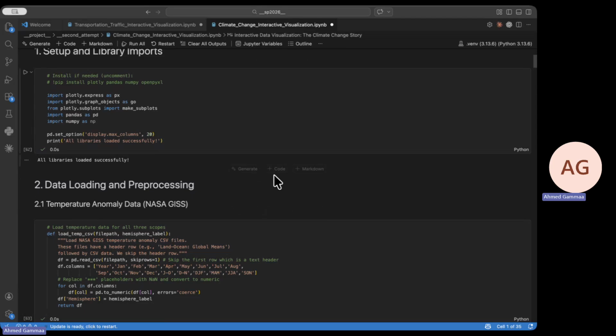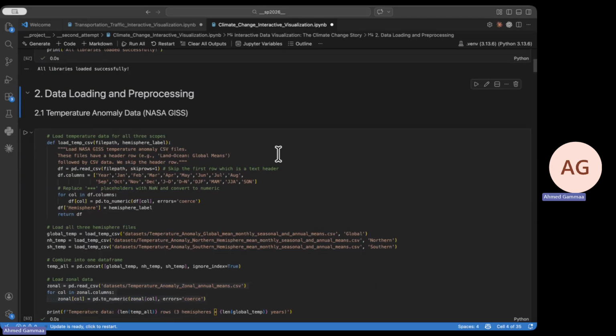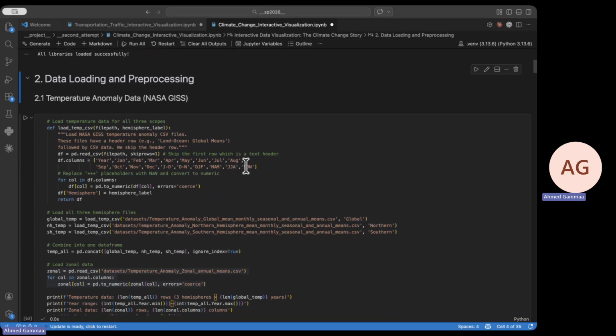For the NASA GISS temperature, the process is simple. We load the three files, which are the global, northern, and southern hemispheres.